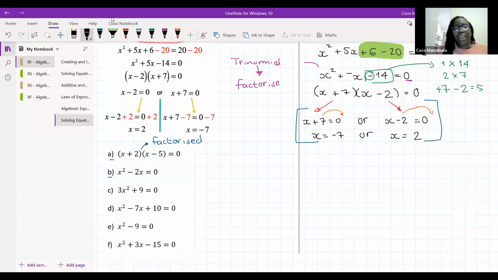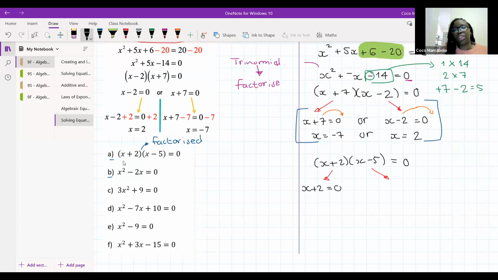What would my next step be? If my sum says x plus 2 brackets x minus 5 is equal to 0, what is my next step? What would I say next? I would split this into 2. Yes, ma'am. All right, then what would I do? Tell me what to write. You're going to write x plus 2 equals 0.